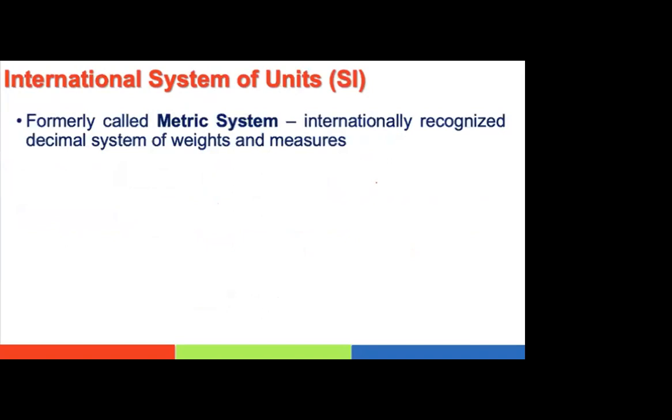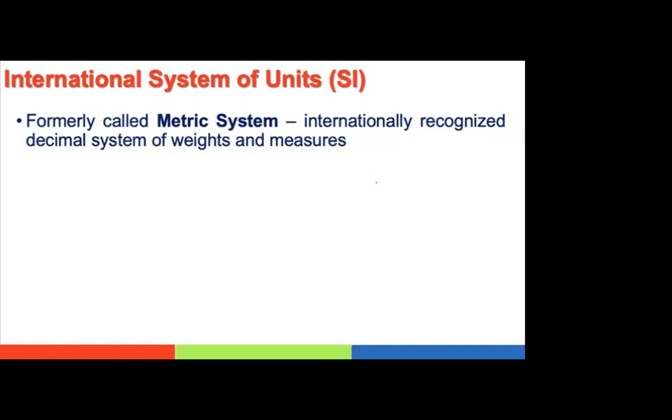Some countries adopt this system of units. So, kunwari, sa ibang bansa, let's say, Hong Kong, Singapore, kung SI din yung ini-implement nila doon, pareho lang tayo sa Pilipinas. Kaya magtataka kayo, bakit iba yung units sa ibang bansa? Because they implement other system of units.